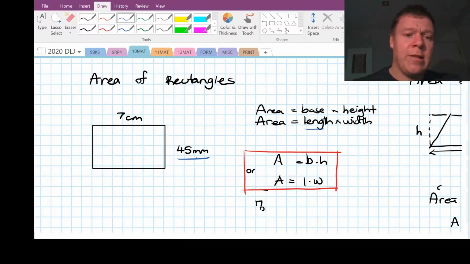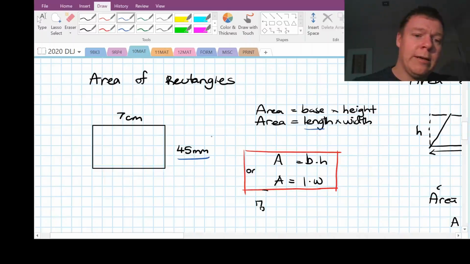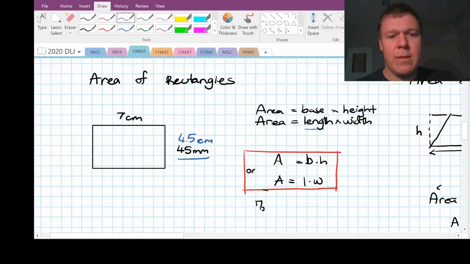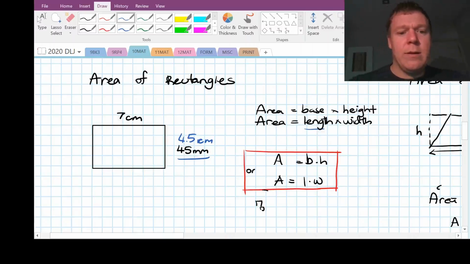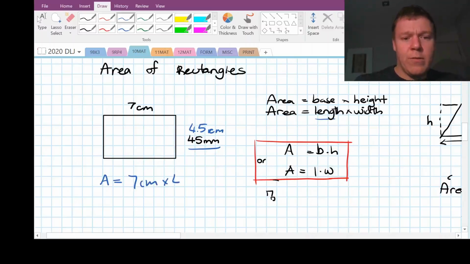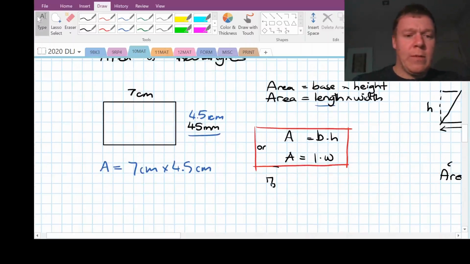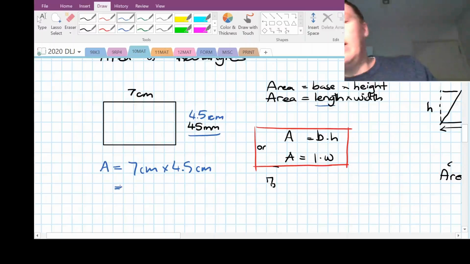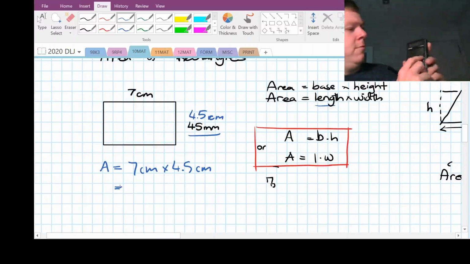So let's work in centimeters. So 45 millimeters is 4.5 centimeters. So to work out the area of our shape, we're going to go 7 centimeters times 4.5 centimeters. So I've got a calculator here.